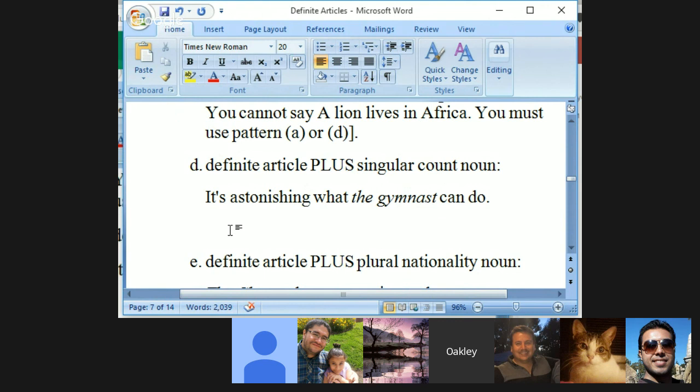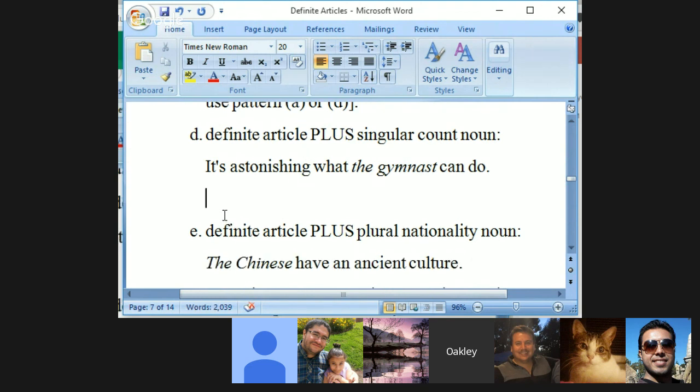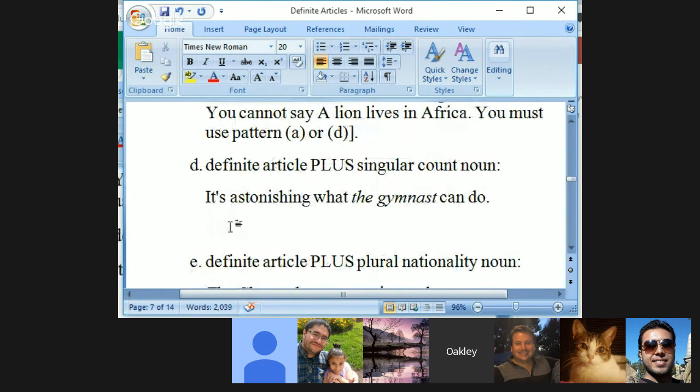Francisco, you want to try it? Francisco, are you there? Yes, teacher, I'm here. I'm going to try this one using a definite article, that is the, plus a singular countable noun.